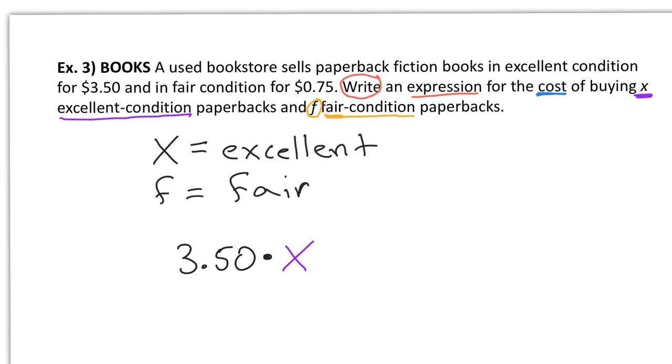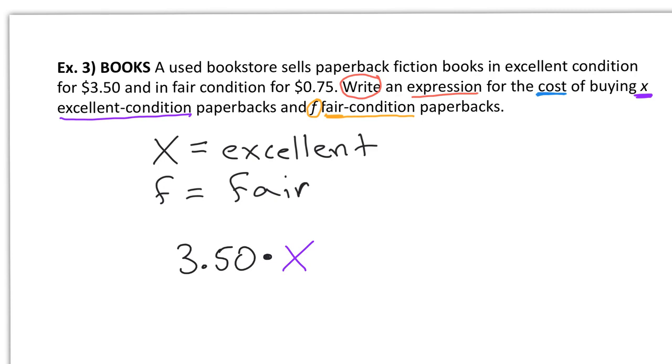So that's why we say X is a variable, because it varies. Like I mentioned, you can buy 3 books or 5 books or 10 books. So the number varies depending on how many books you're going to buy, and it can change at any time. But then you also need to know how many books in fair condition you are going to buy as well.